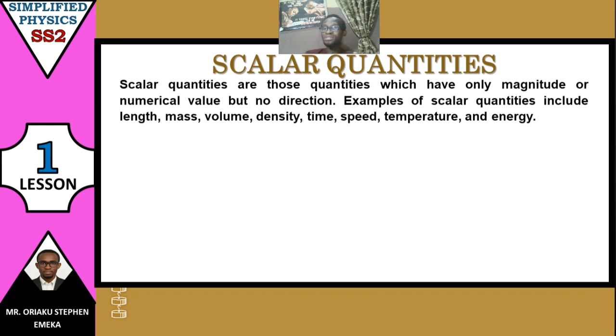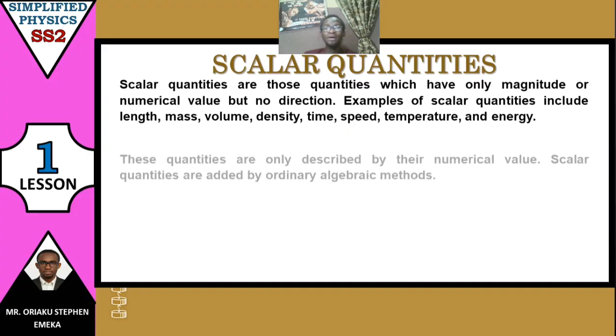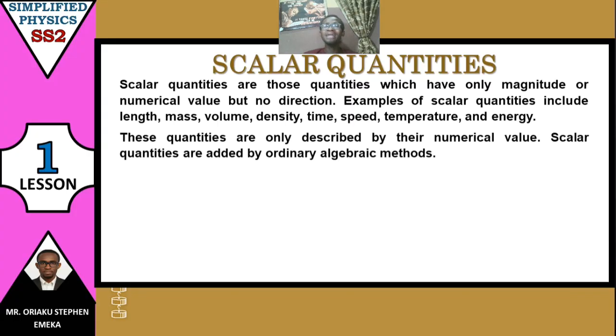So example of scalar quantity, we have things like length, mass, volume, density, time, speed, temperature, energy, etc. So these quantities can only be described by their numerical value, so no direction attached to them.